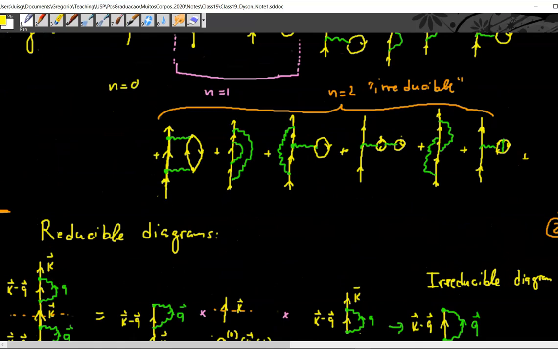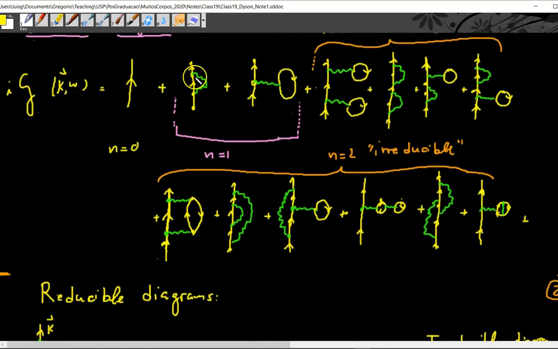So for instance, this term is in there, so I have this, I have that, so I have two legs, one here with a momentum entering, and one here with momentum exiting, and there is this term. This term is also there. Other irreducible diagrams in second order are there too. So one entering with momentum k, one exiting with momentum k, and so on and so forth.